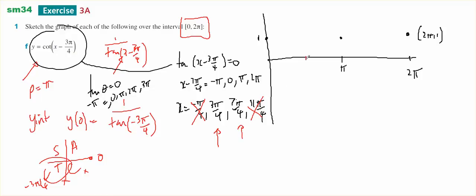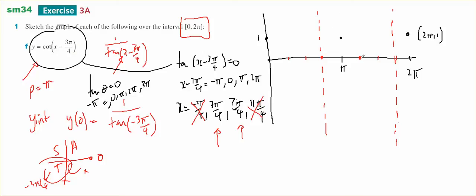So if I divide this into quarters, I have an asymptote there at 3 pi on 4, and 7 pi on 4. 4, 5, 6, 7 pi on 4. And it's going to curve like this.